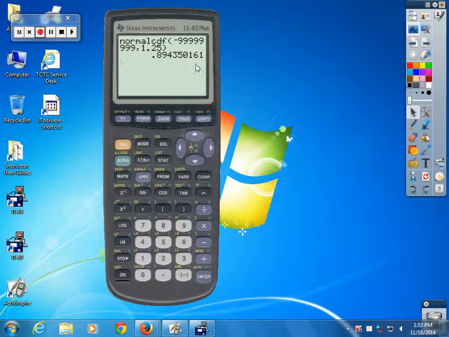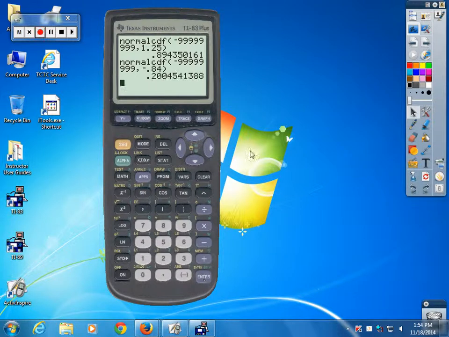Okay, besides his, is everybody else getting point, well, I ain't finished, but if you do the larger area, do you get 0.8944? Now I'm going to do the other area: second, enter, negative 99 to negative 0.84, and enter.